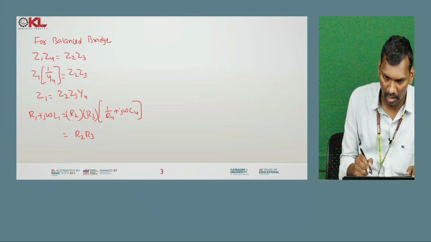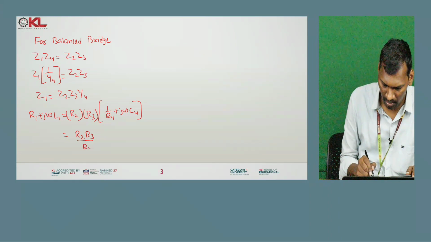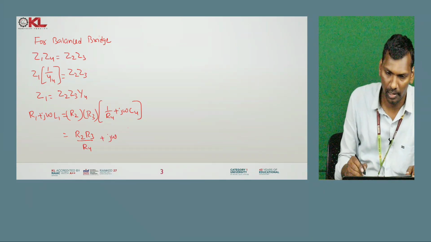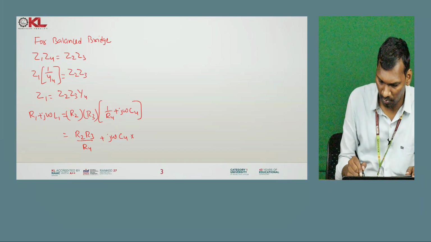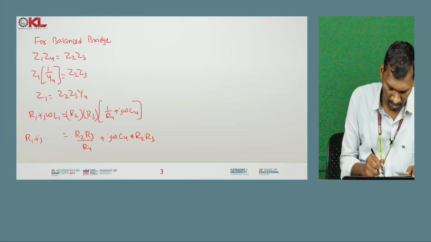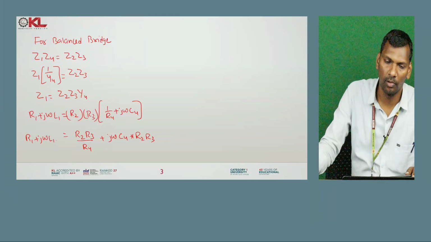Now it is again rearranged as R2 R3 by R4 plus J omega into C4 into R2 R3, which equals R1 plus J omega L1.